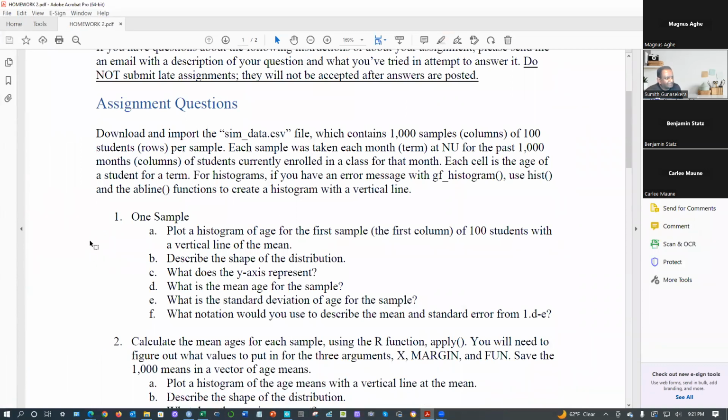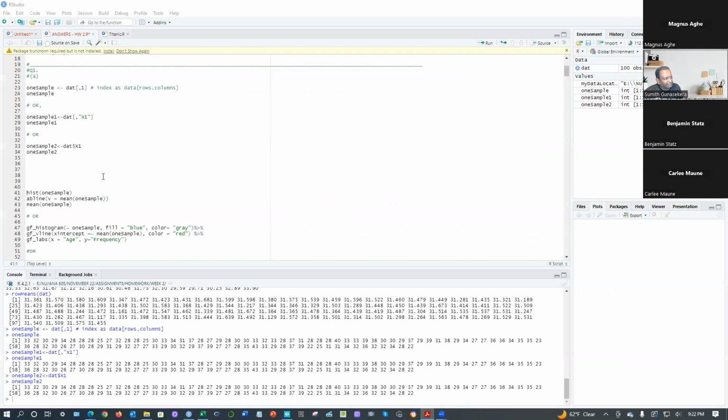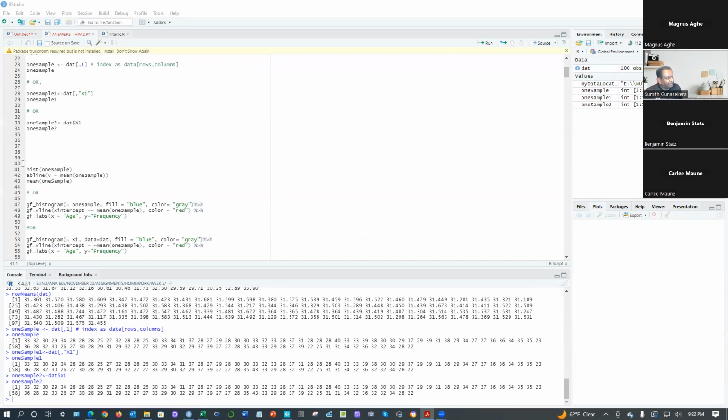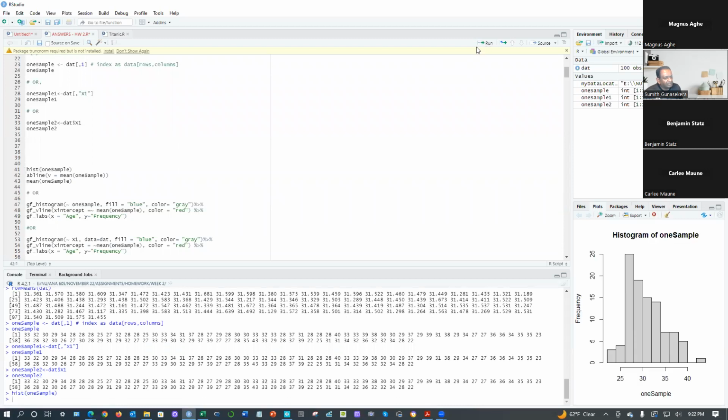Plot a histogram of age for the first sample, the first column of 100 students, with the vertical line of the mean. You're going to plot a histogram of the age for the first sample with the vertical line of the mean. The first sample is the one that I extracted.